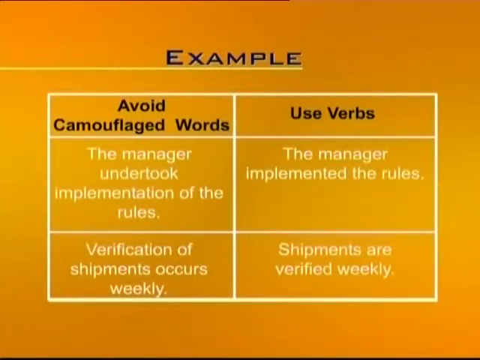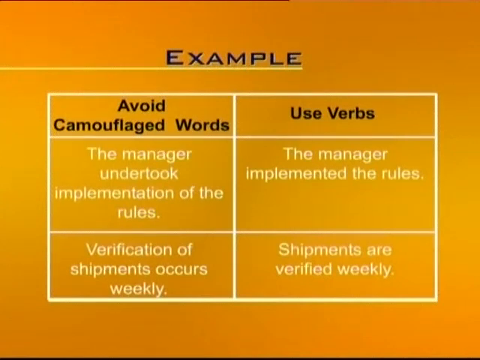For example, if you say the manager undertook implementation of the rules, here you are camouflaging the verb implement by adding ion to it. It would be better to say the manager implemented the rules. पहले में आपने implementation को noun बना दिया. Here you are using implement as a verb just by using the past tense.